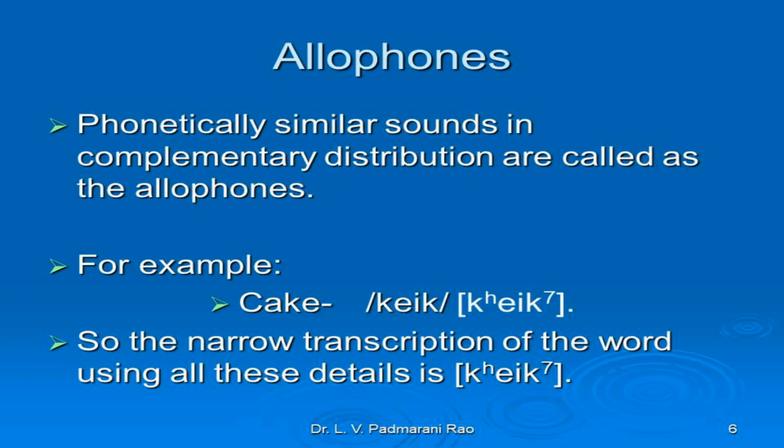This phenomenon is what is called aspiration in English. What is aspiration? To pronounce a particular sound with a slight h sound is what is called aspiration, which is an important feature of English pronunciation. The voiceless sounds like p, t, and k are pronounced with a slight h sound whenever they occur in the accented position of the initial position of the word.